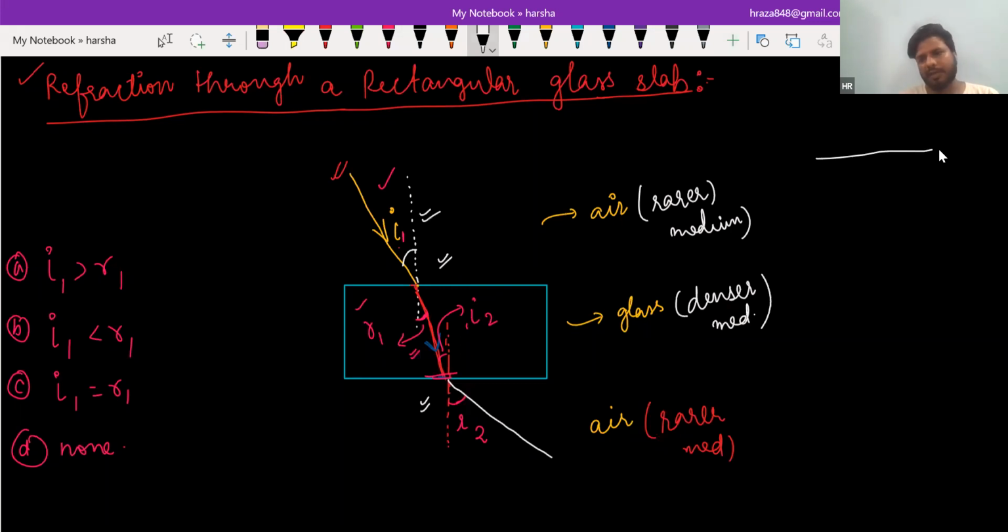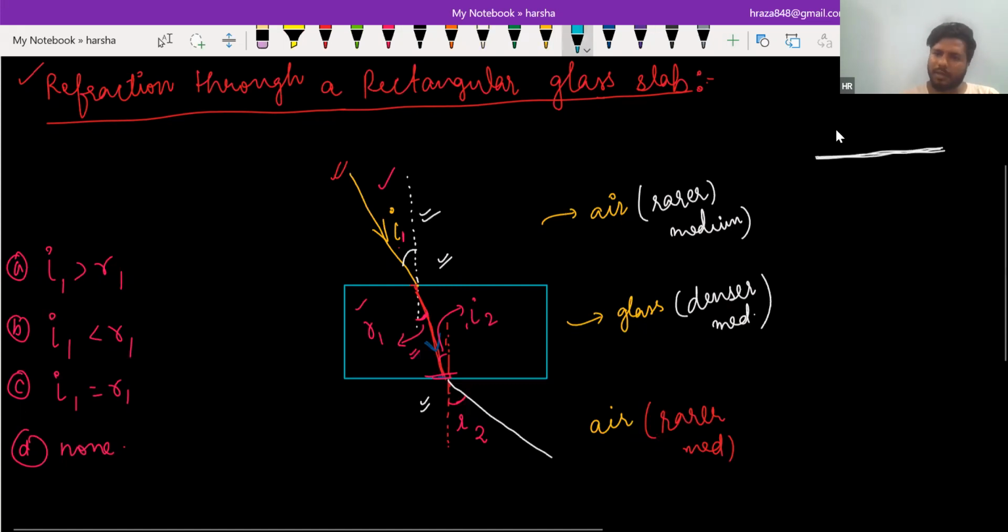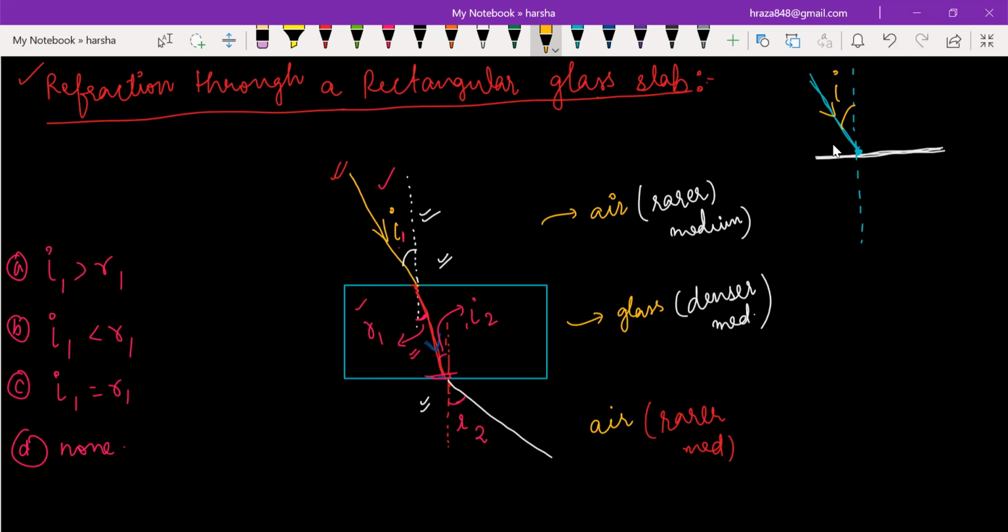So this is our surface of glass. Now a ray comes like this, and where it is incident at this point, we have a normal, and this is basically angle I. This is the incident ray, this is the normal, and this is the angle of incidence. Is that clear? Yes, sir.